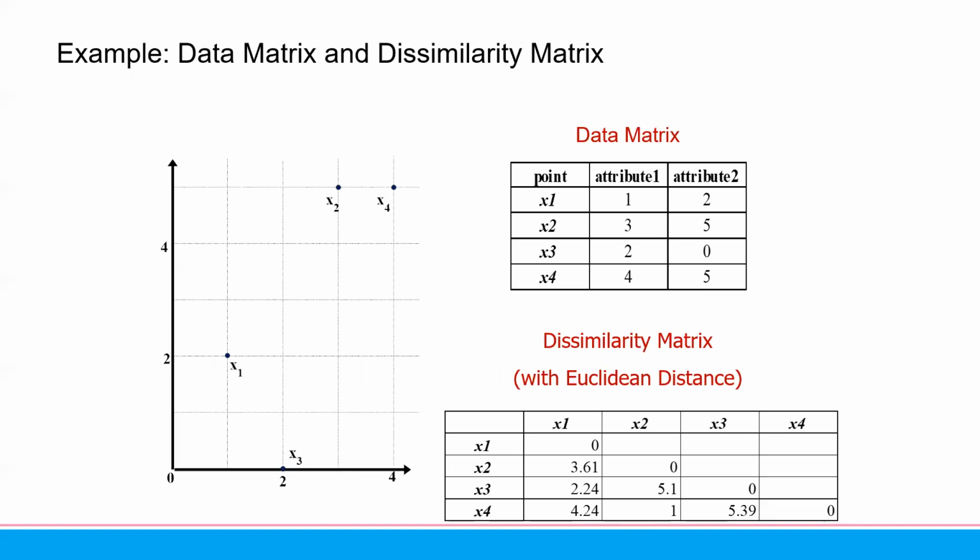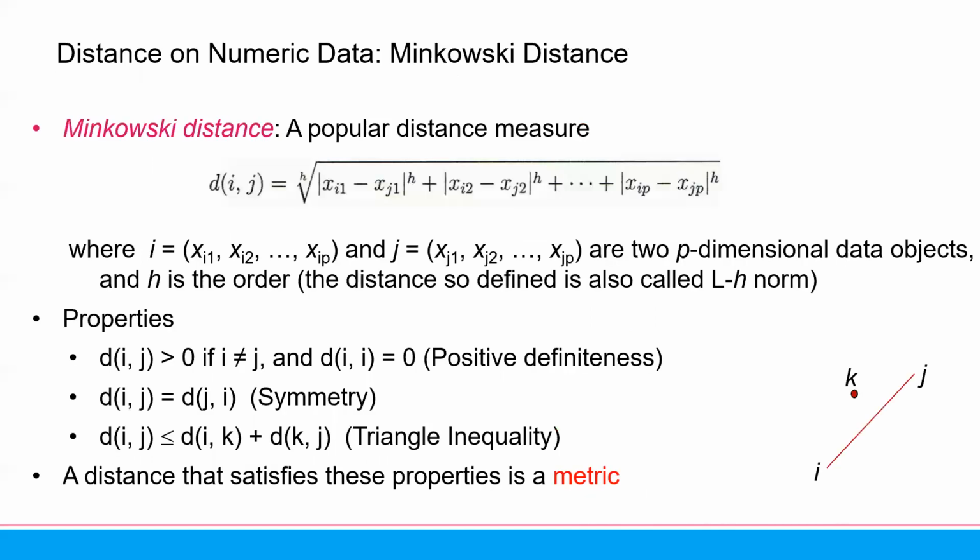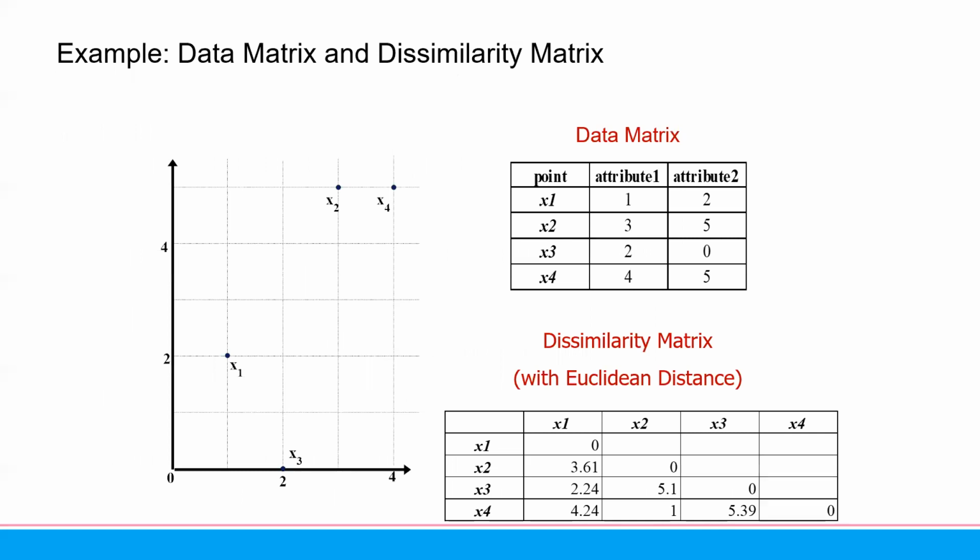So we can do this with a data matrix and a dissimilarity matrix like this one. Let's suppose I have the data matrix like this, with x1, x2, x3, and x4. What is x1? X1 is the data. Let's say this is attribute 1 and this is attribute 2.